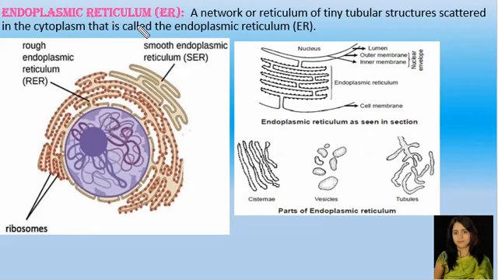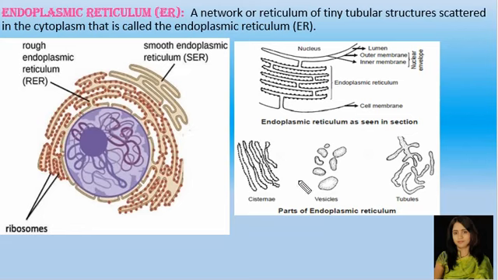So the endoplasmic reticulum is a network or reticulum of tiny tubular structures scattered in the cytoplasm. It is made up of three types of structures.